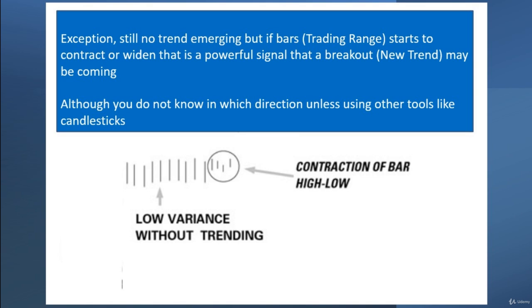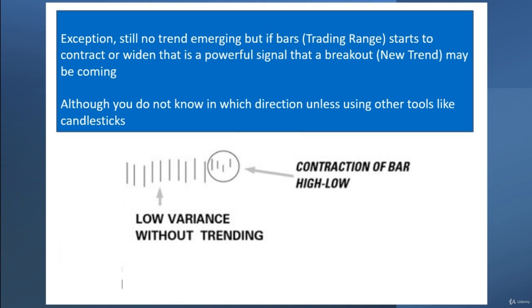But there's an exception when you're looking at volatility. There's still no trend emerging, but if the bars, the whole trading range from high to low, start to contract or widen, that's a powerful signal that a breakout or a new trend may be coming. Although you don't know which direction it's happening yet, unless you're using other tools like candlesticks and your other indicators.